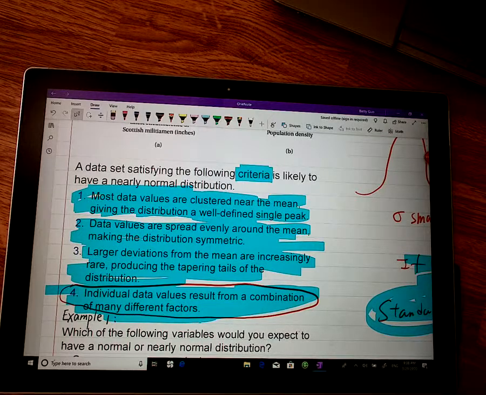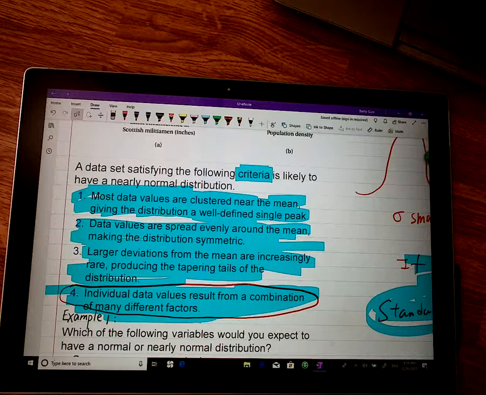Number one, most data values are clustered near the mean, giving the distribution a well-defined single peak. Number two, data values are spread evenly around the mean, making the distribution symmetric. Number three, larger deviations from the mean are increasingly rare, producing the tapering tails of the distribution.